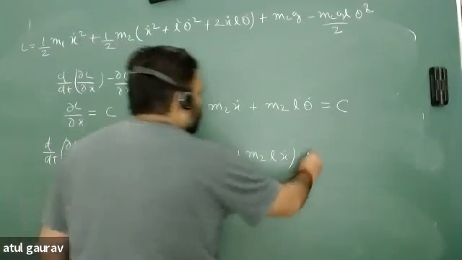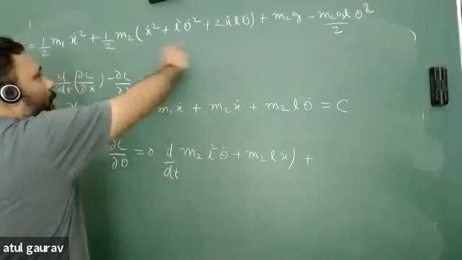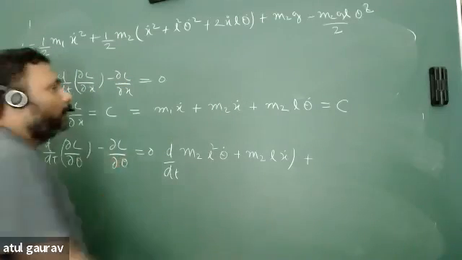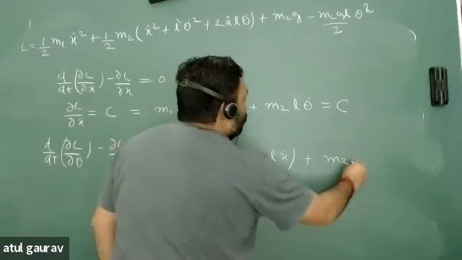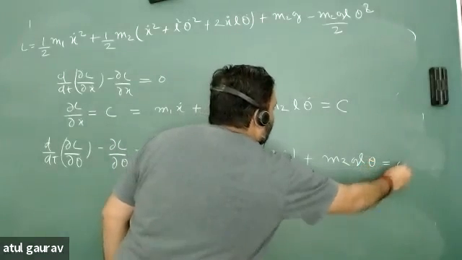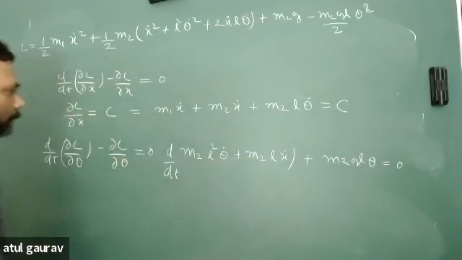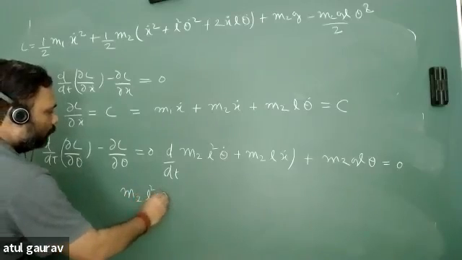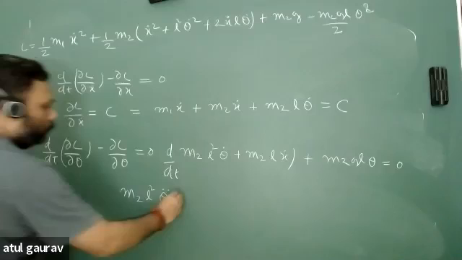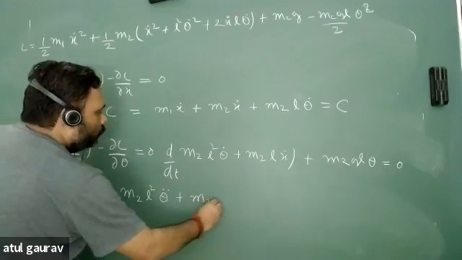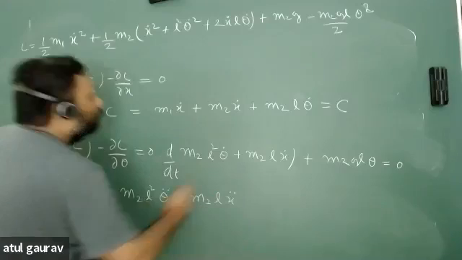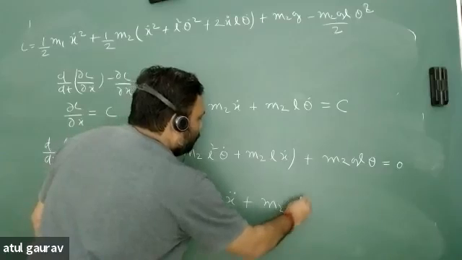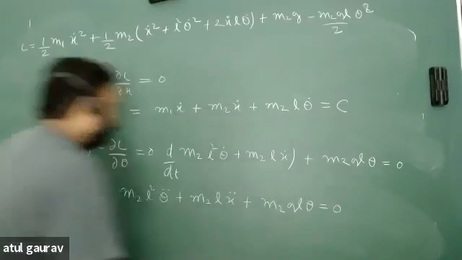Now the second term is plus M2 g L theta must be 0. Differentiating this equation: M2 L square theta double dot plus M2 L x double dot plus M2 g L theta must be equal to 0.